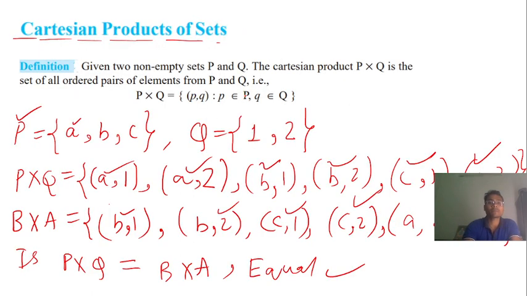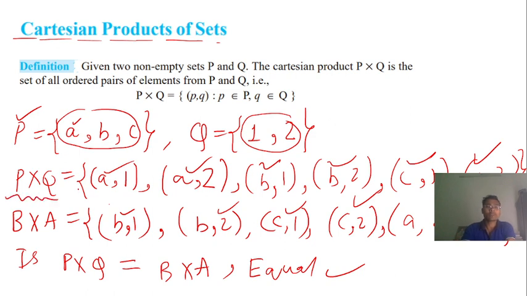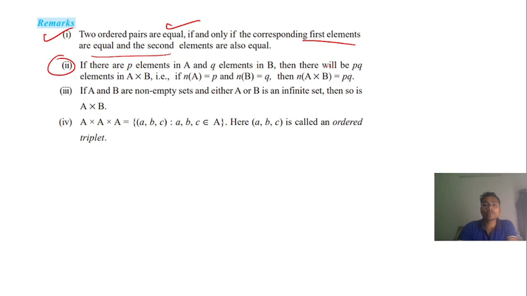In the previous example, P has 3 elements and Q has 2 elements, so the number of elements in the Cartesian product P cross Q will be 6, because 3 times 2 is 6. So if you are going to find the number of elements in any Cartesian product of 2 or 3 sets, then you just have to multiply the number of elements of one set by the number of elements of the second set. So this is giving you the number of elements in the Cartesian product A cross B.